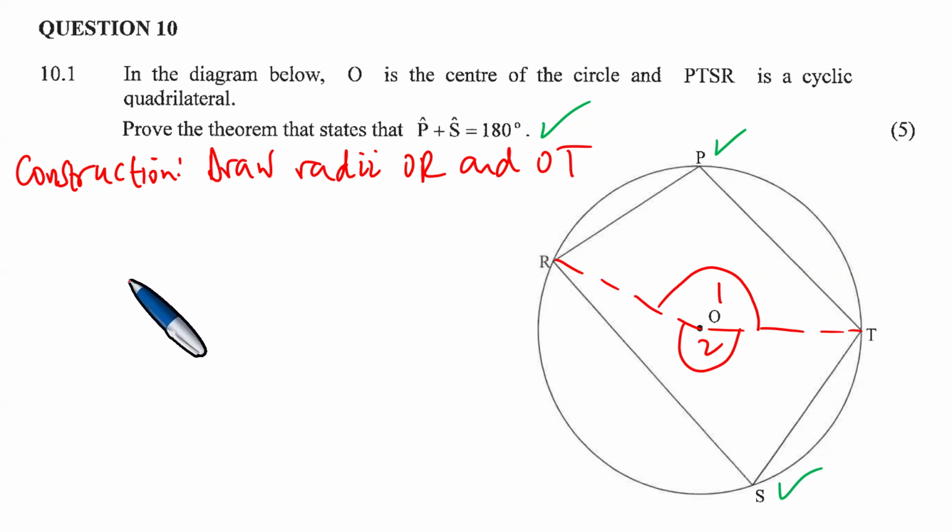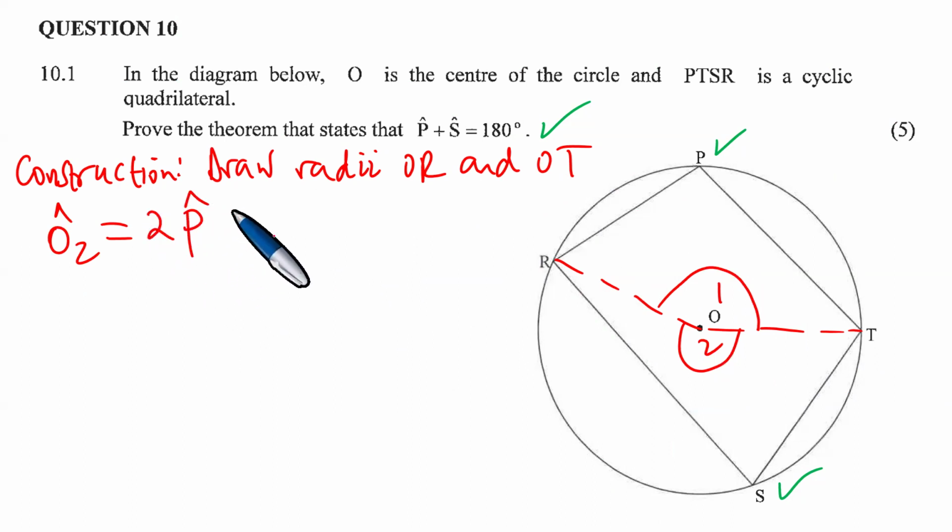So that in the end, we use that theorem that the angle O2 is equal to twice angle P. So the angle at center is twice the angle at circumference. Angle at center, by angle O2 we mean this one. It is 2 times angle P. And that is the reason.